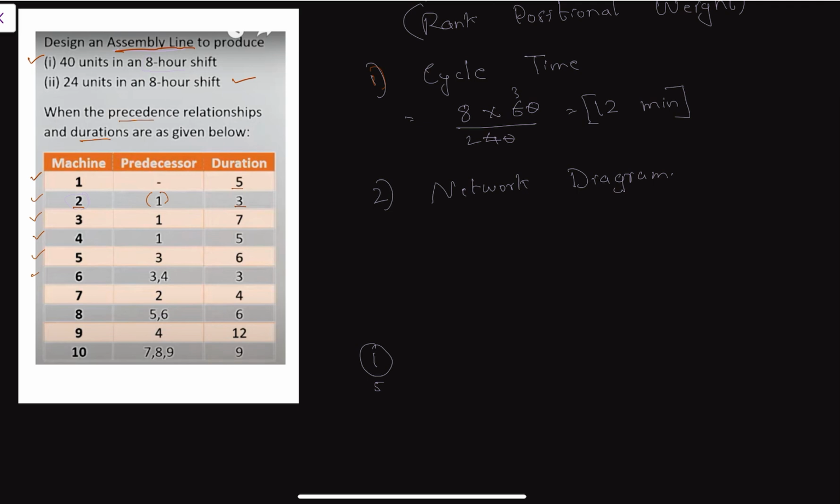After machine 1, you have machine 2. Machine 2 will start only after operation 1 is completed. So it will go like this, and then you have 3. Below 2 we'll write it as 3, and below 3 you will write it as 7.